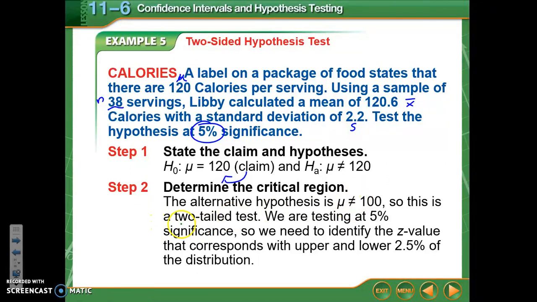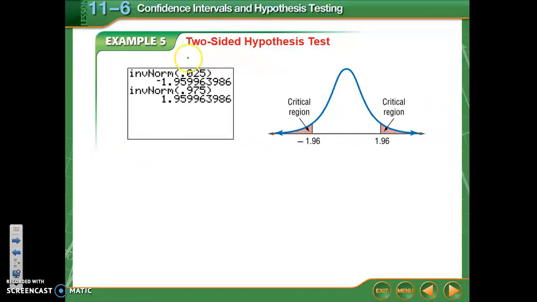What you have to be careful of in a two-tailed test is, since we're testing at 5% significance, we have to split that 5% into the two different tails. So I need 2.5% down here and 2.5% up here. We need to find the z-value that goes with that portion of the distribution. When I use my calculator to do inverse normal, I do it of 0.025. That's 2.5%.